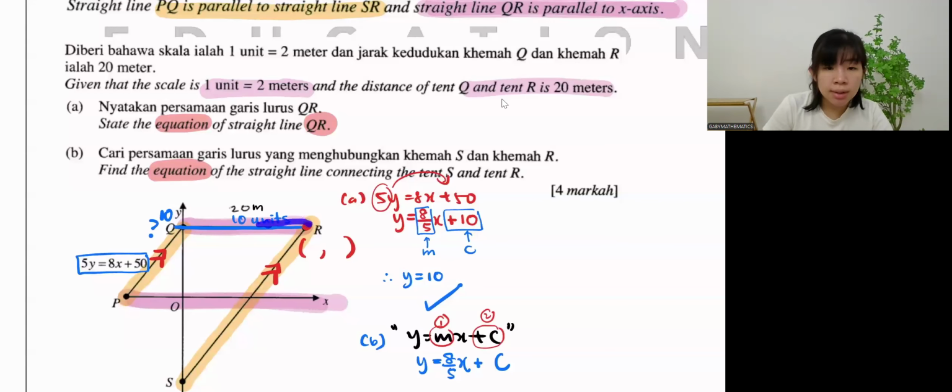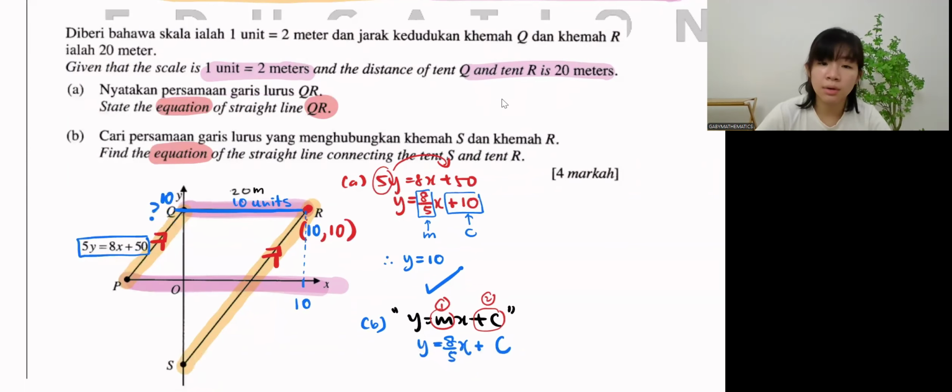Because this is a horizontal line, you know this is 10, so the y is 10. How about the x? From the start, the question tells that this is 10 units. If it's 10 units, meaning if I go down here, it will also be 10, correct? I repeat, this one 10 means here 10. So the x is 10. So we have the coordinate (10, 10), the coordinate of R.